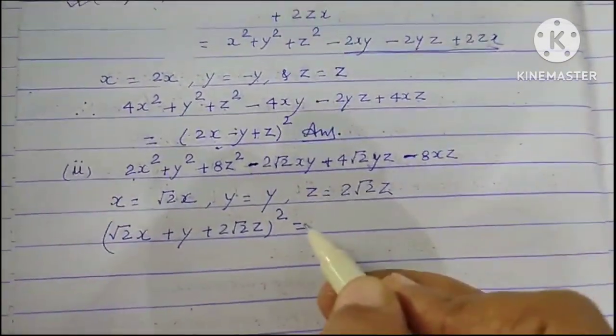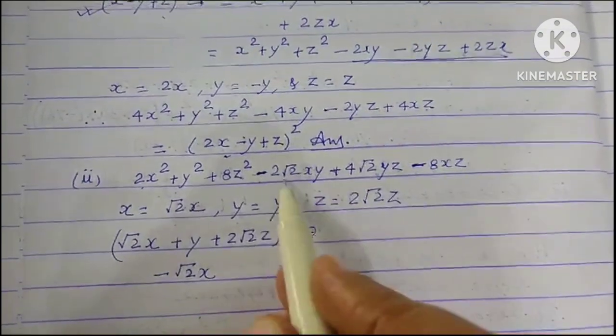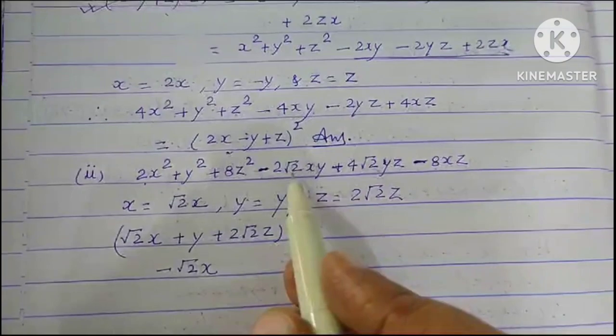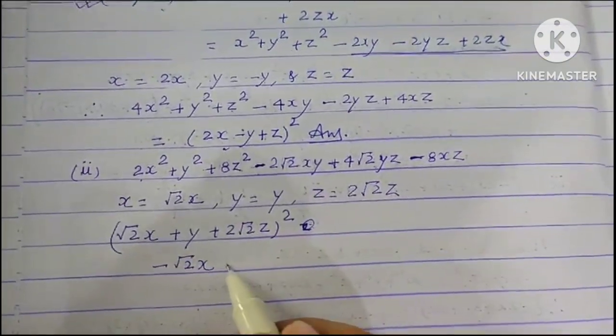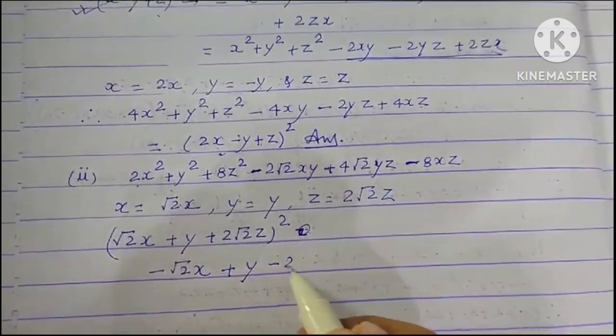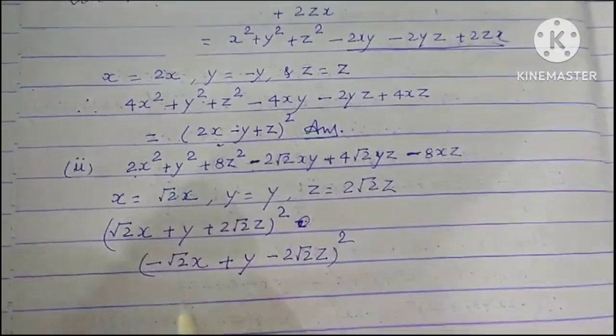Let us suppose we write minus root 2x, because we have to bring minus in the place of the first one, plus y, and minus 2 root 2z, and let us check what it comes out.